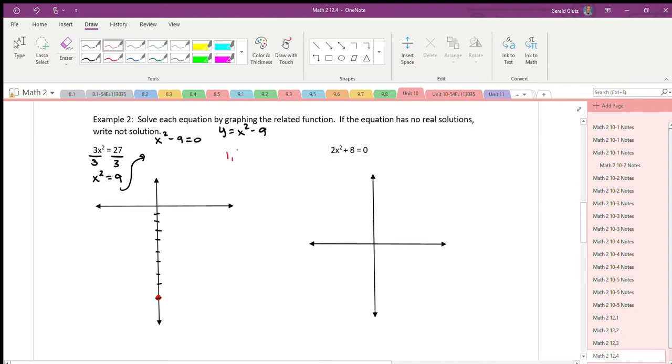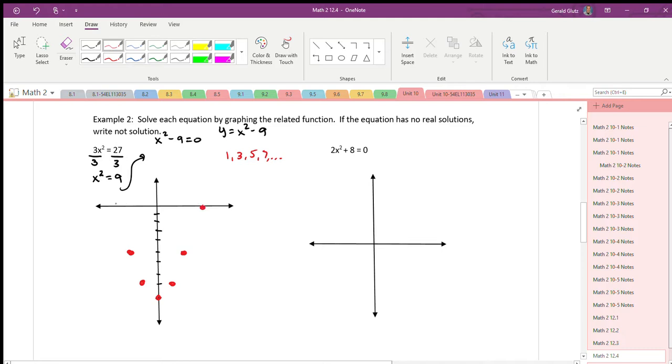And I use the pattern 1, 3, 5, 7, and so on. A is 1, so I'm going to use these same numbers. So 1, I go up 1, right 1. Same to the left, so I'm kind of just guessing where the x values are. Next is 3, so I go up 3, 1, 2, 3, and right 1. Same to the left side. And then 5, so 1, 2, 3, 4, 5.